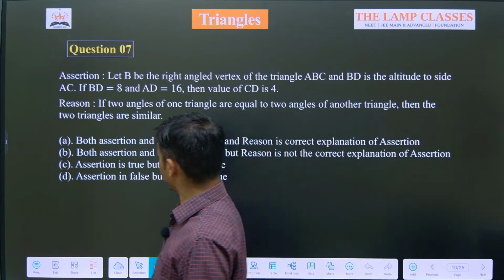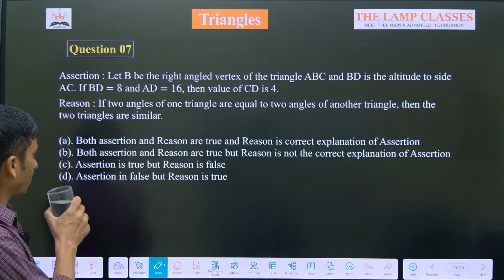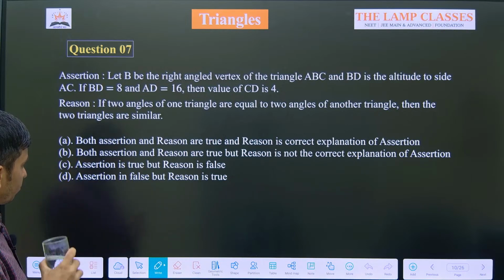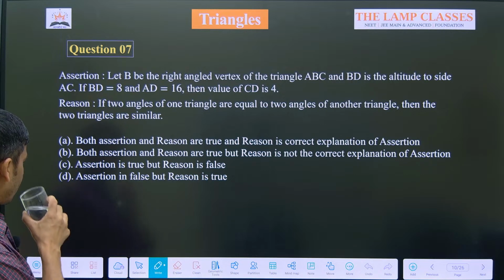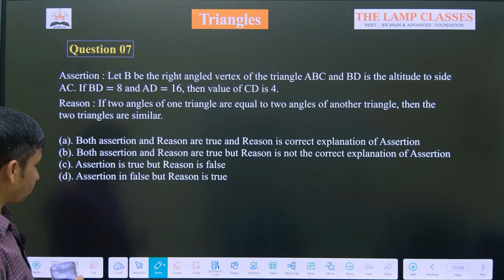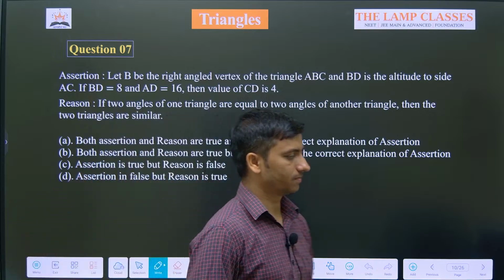This is the assertion reason question. Please read the question and then answer accordingly. Which option shall we choose here?